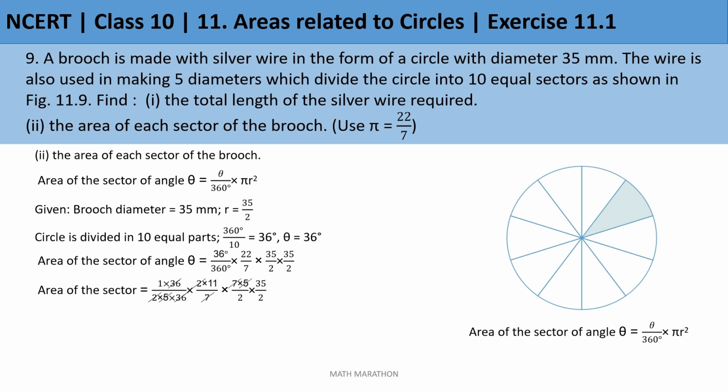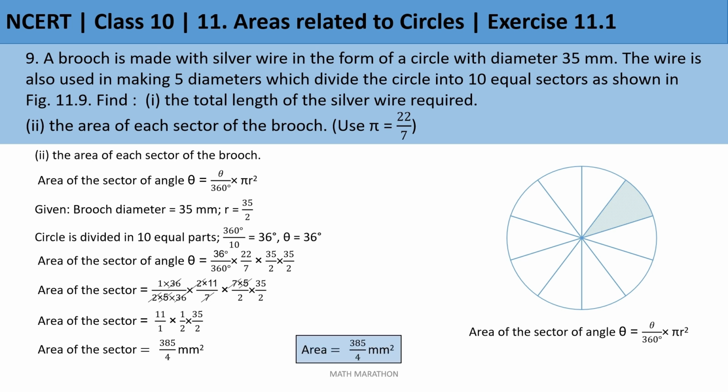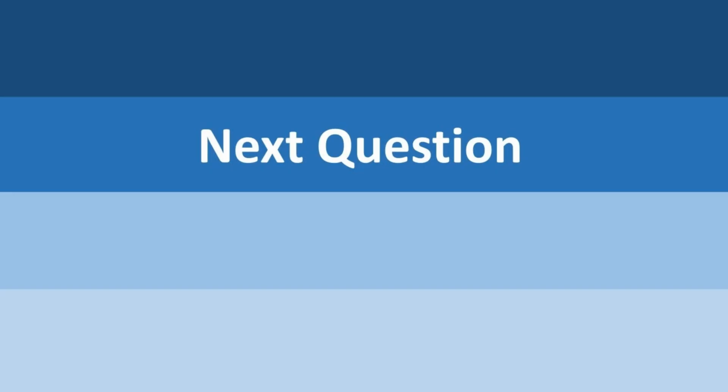We can cancel out 2. Area of a sector is equal to 11 multiplied by 1 by 2 multiplied by 35 by 2. Area of a sector is equal to 385 by 4 mm square. Let us see the next question.